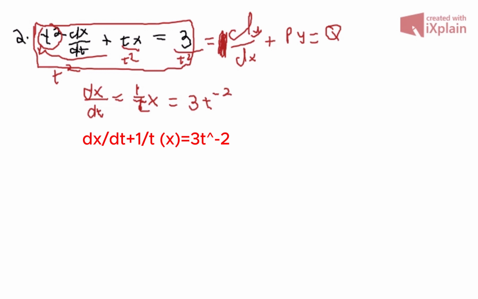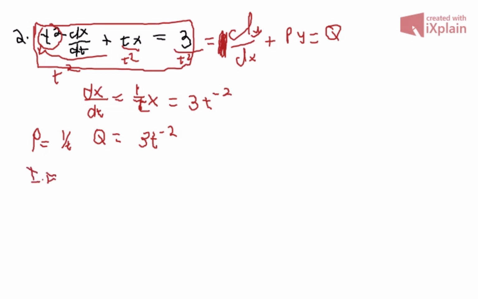Now, let us find our p and q. Our p is 1 over t. Our q is 3t^(-2). Right. So now, what is it that we need to do? We need to find our integrating factor, which is e to the power integral of p dt.